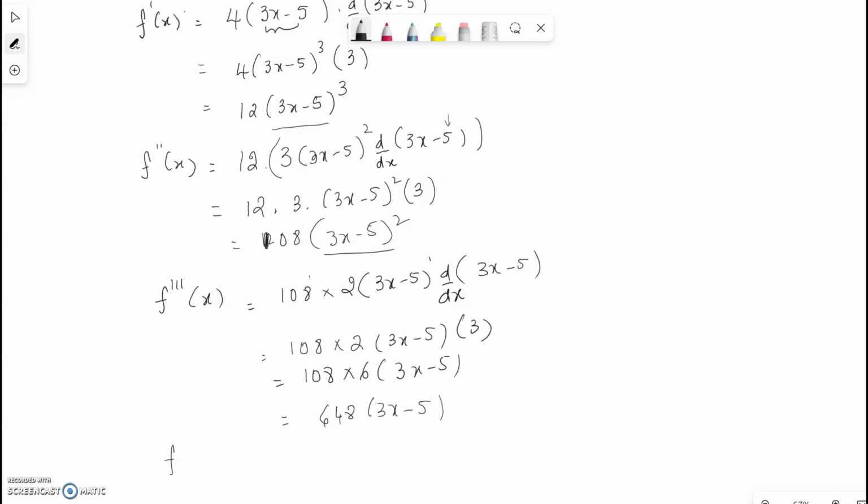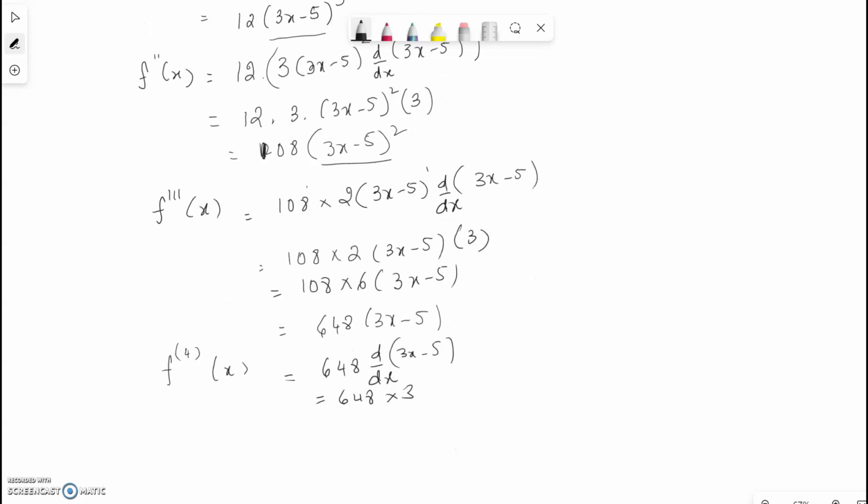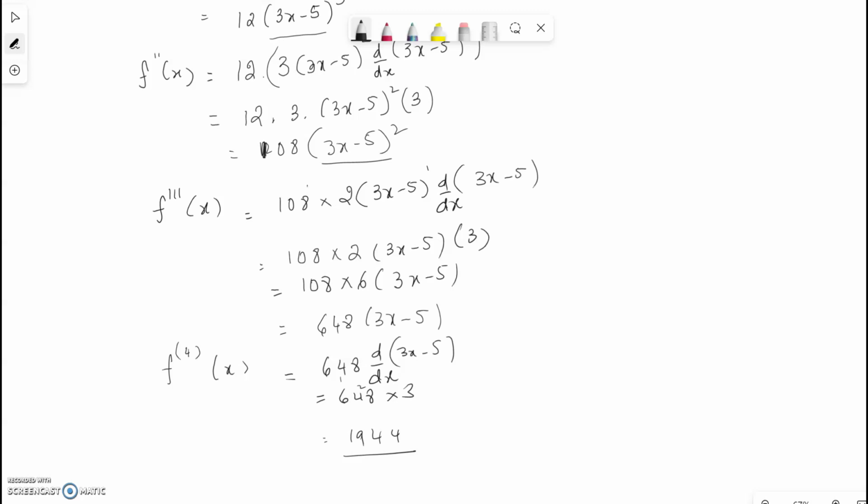So this is equal to 6 8s are 48, 6 1s are 6, so 648 times 3x minus 5. Now if we take the fourth derivative of x, put the 4 in parentheses, and that says it's the derivative, it's not a power. So this is equal to 648 times d by dx of the function 3x minus 5, and that becomes 648 times 3, and that is 1944.